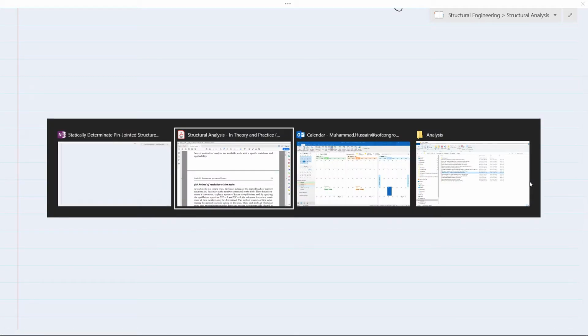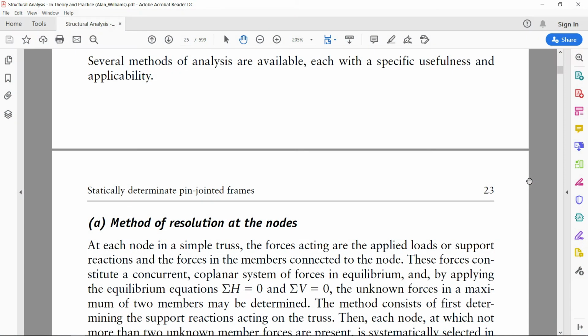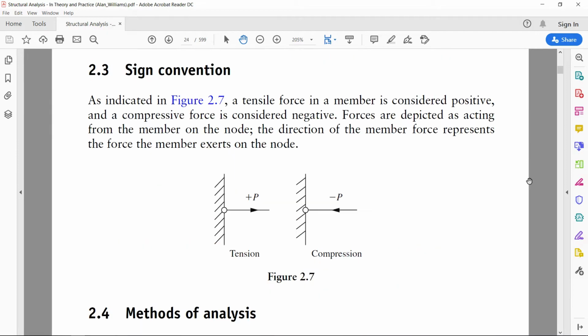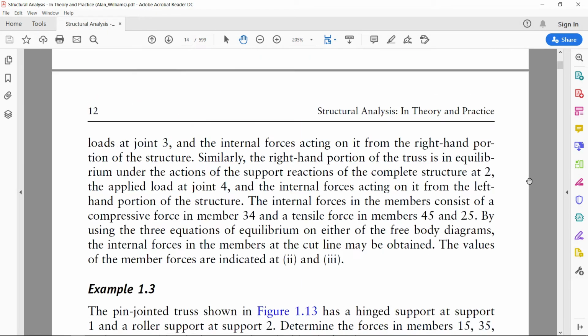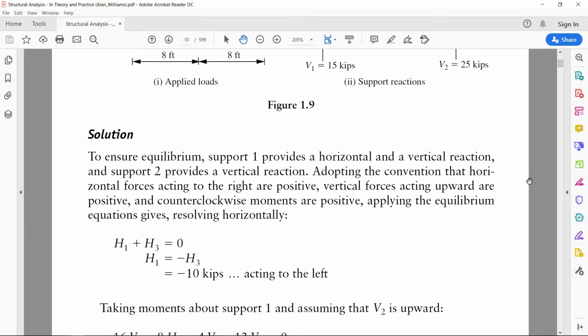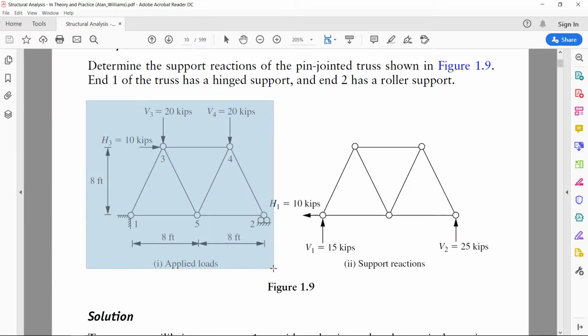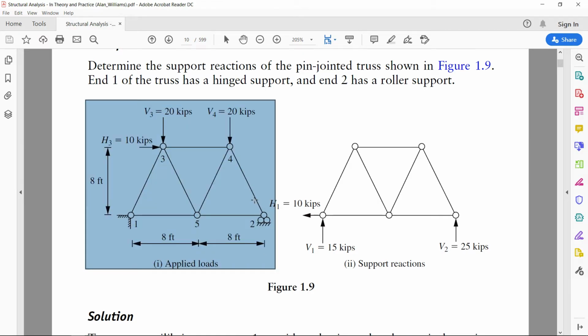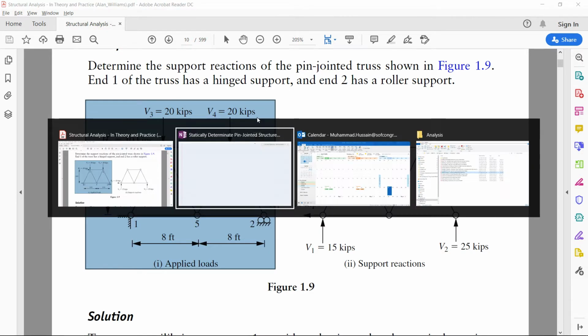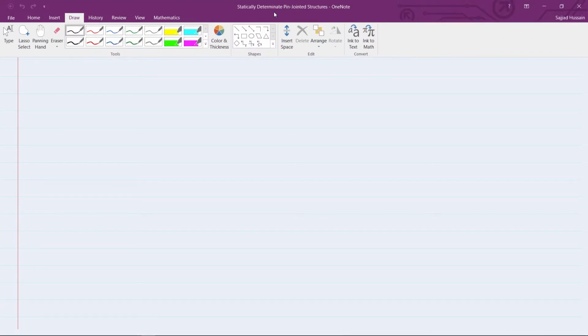Now let us take some examples. For example, this is a very classical example. Let us copy and paste it over here.